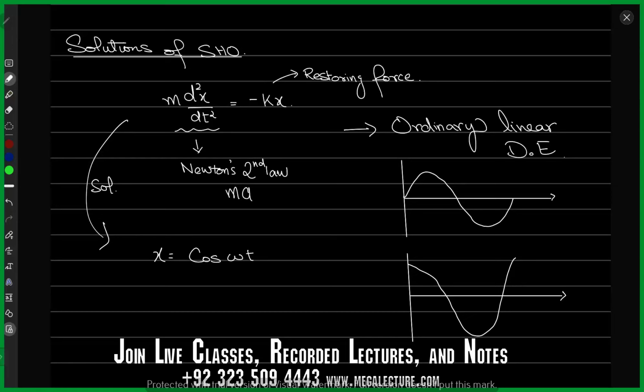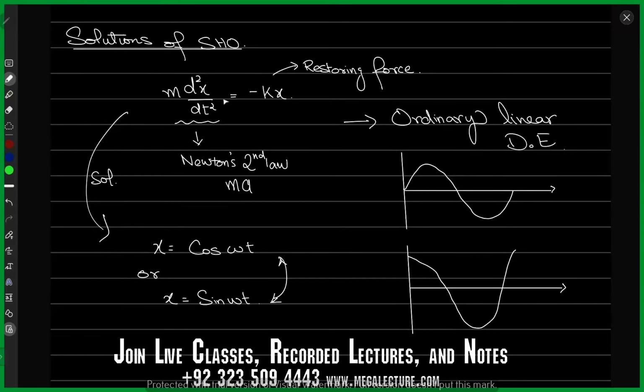Now it could be x equals cos omega t, or it could be x equals sine omega t. Either of these two solutions will work for this differential equation.